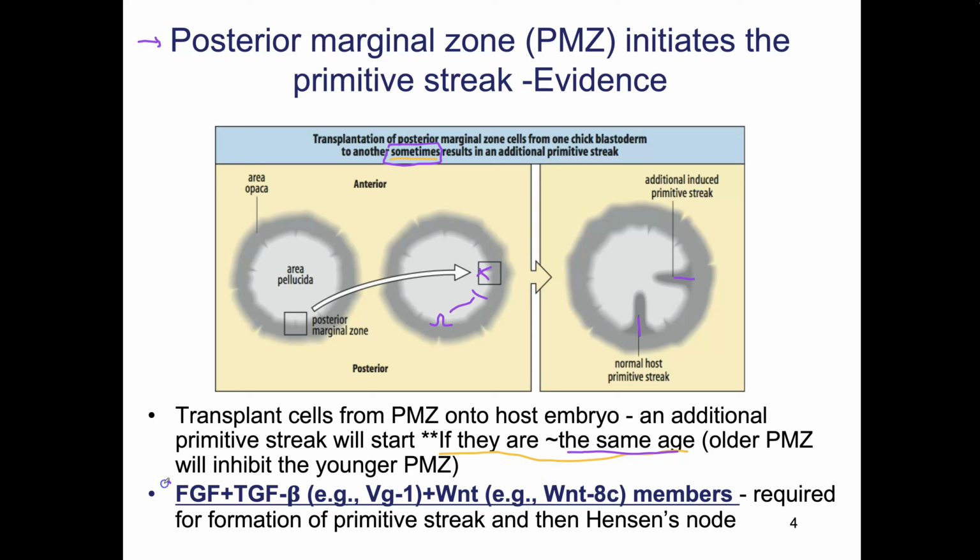And the signals that we're going to be talking about are FGF, TGF beta, so Vg1 is one of them, and then Wnt, and Wnt8c is one of the members. And these are part of the signaling that are required for formation of the primitive streak and then Hensen's node afterwards.